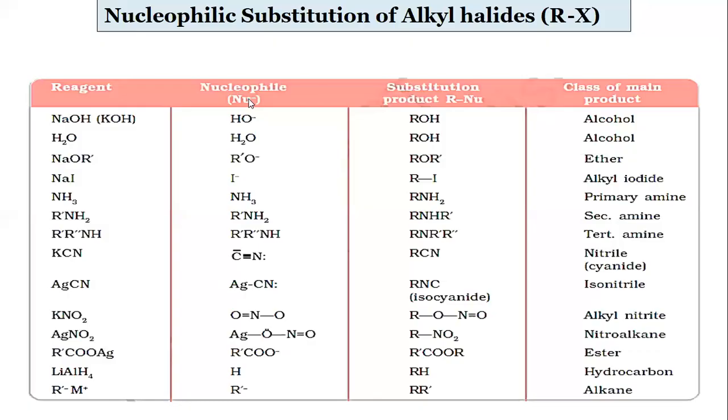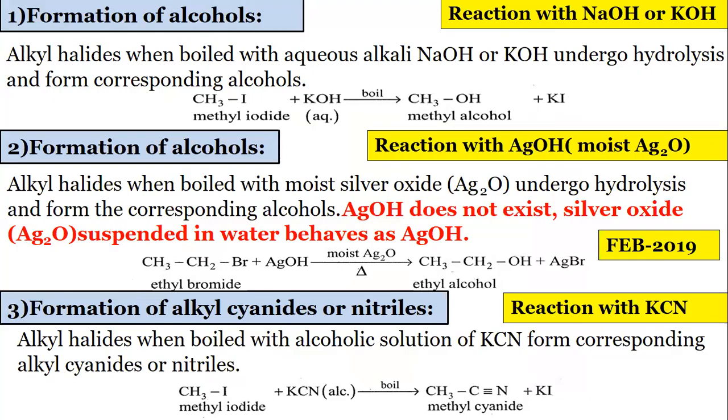So in all these reactions, we have to remember, this is very easy to understand: the nucleophile is substituted here and the halogen is removed. We have to remember this method for all nucleophilic substitution reactions. You should know which is the nucleophile and how the nucleophile is generated, and that nucleophile only we have to place in place of the halogen.